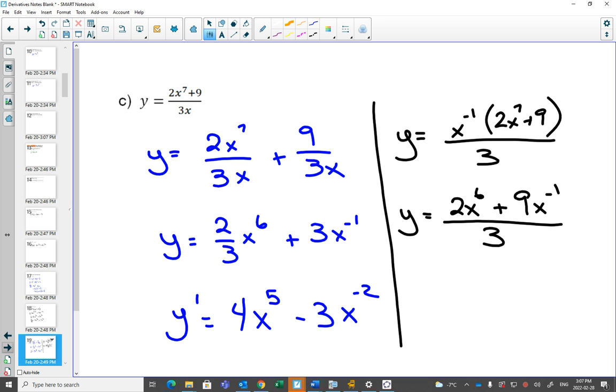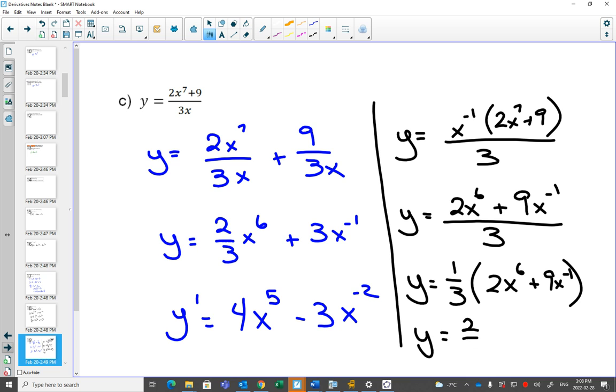Then the dividing by 3, you could think of as multiplying by a third. And then when you distribute that third, you get the same thing, and then the derivative is identical.